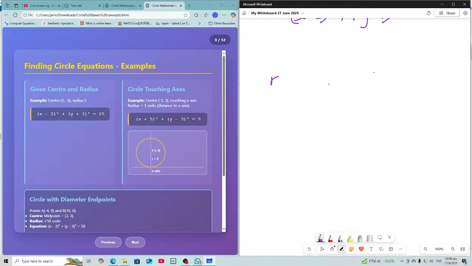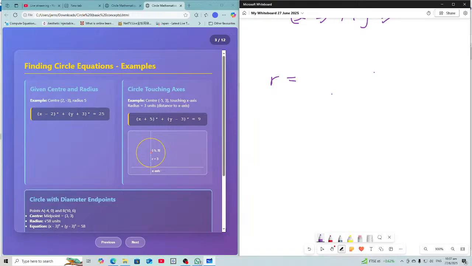I want you to trigger in your mind that when a circle touches the x-axis or even the y-axis, the radius can be easily found through one of the coordinates. For this one, you have (-5, 3).